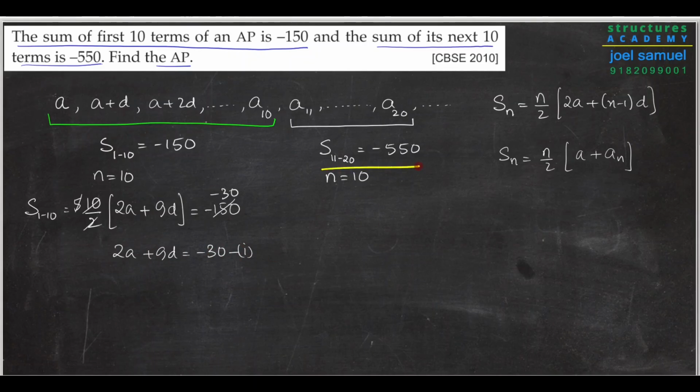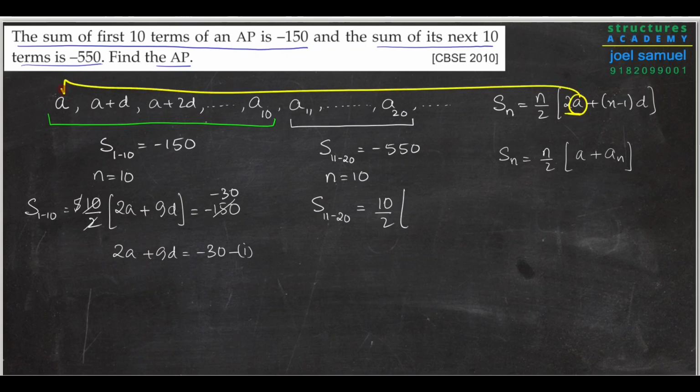Now if you focus on this second sum of terms, we notice again n is 10. So S11 to 20 is equal to 10 over 2. Now when we are writing 2a, please notice that a here does not stand for the first term of the whole series. In fact, it stands for the 11th term, since a means the first term of the series for which the sum is being calculated.